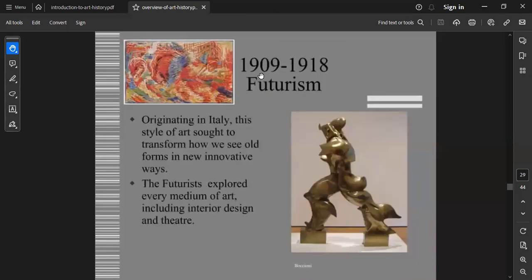Then after Cubism, you have Futurism, 1909 till 1918, and it is also a kind of experimental phase. You will find there are mostly two categories in the art market. Some people appreciate the representative art forms very much because they say they don't understand the meaning of abstract art.